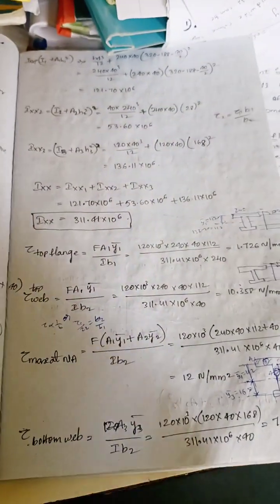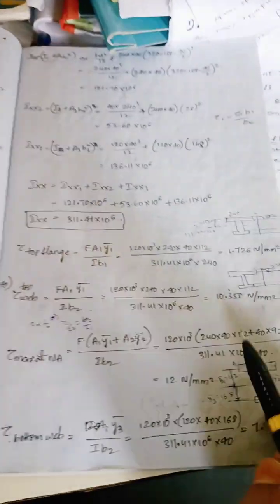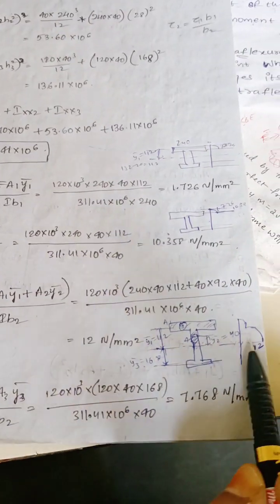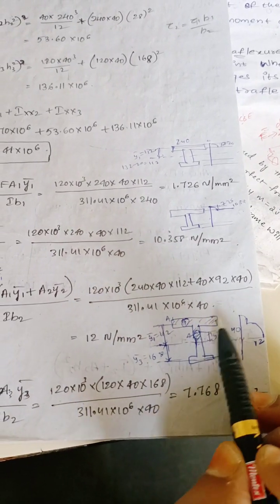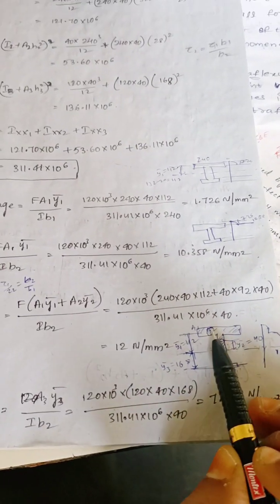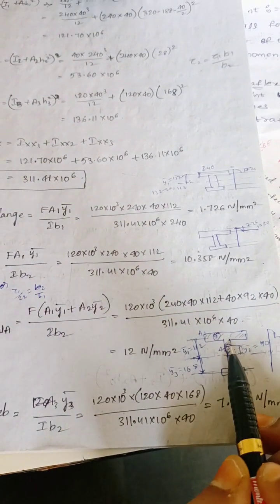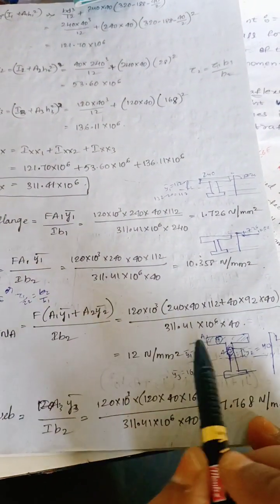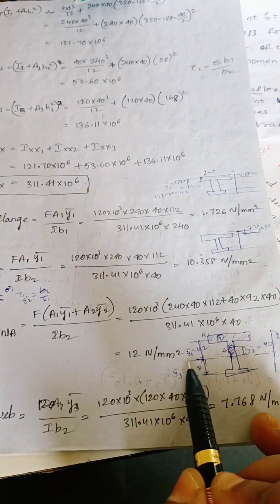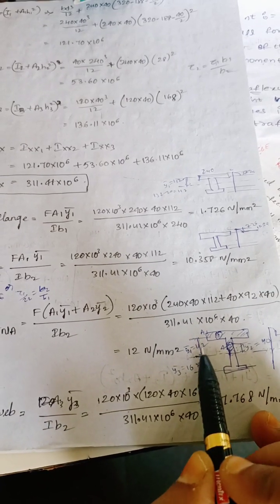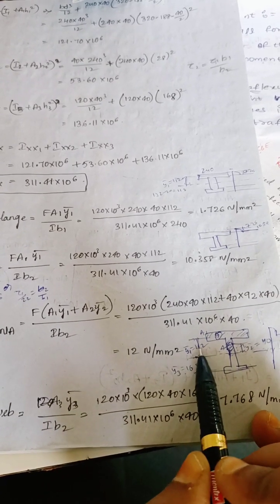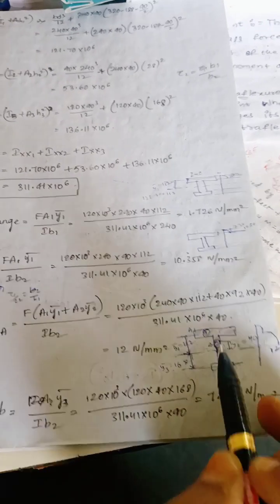This value. Then tau max at neutral axis. F into, this is the formula. For this tau max we need to take these two portions, 1 and 2: A1 y1 bar plus A2 y2 bar. A1 is the area of this portion, y1 is the distance between the overall neutral axis and this portion, 112 plus 40.